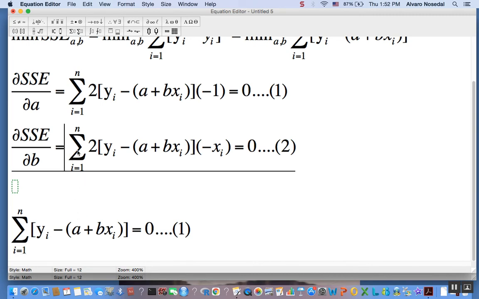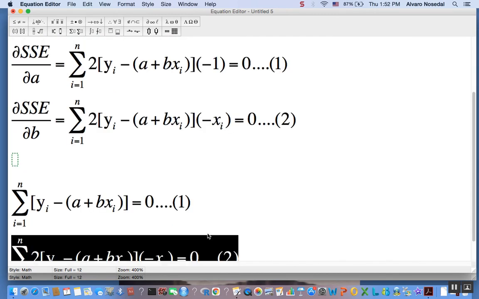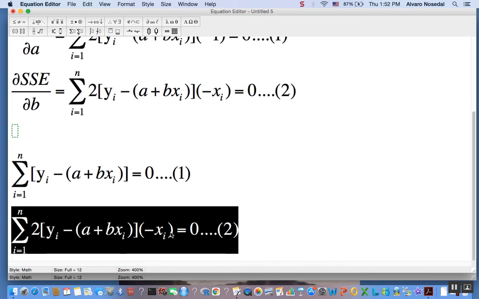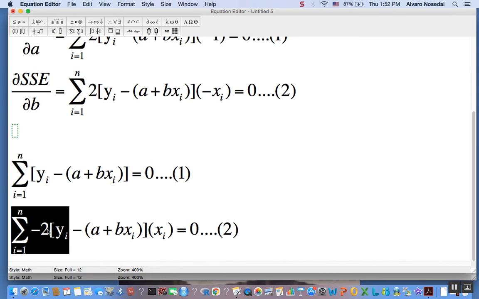Let's do something similar with the second equation. Let's try and simplify that a little bit. In this case, we also have a -2 as a common factor, right? We could pull out that -2.